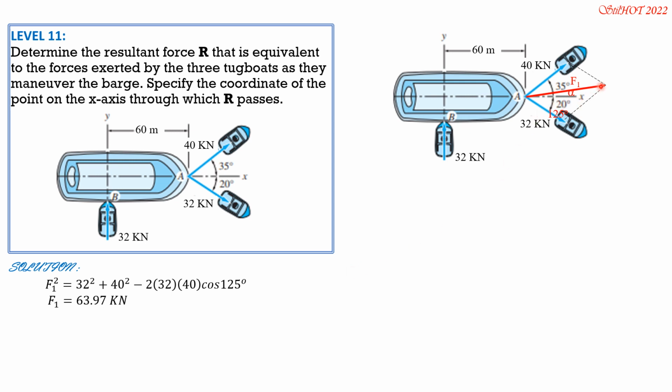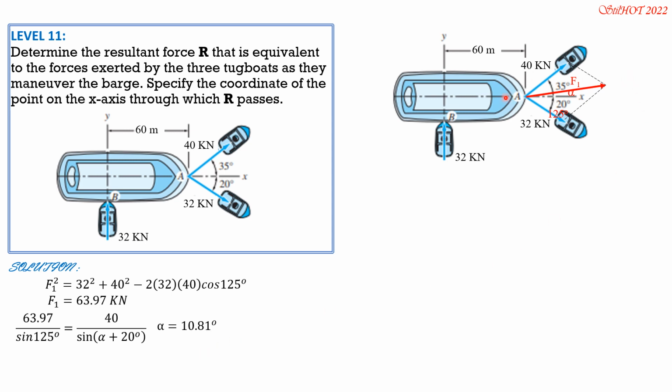Then, by sine law, F1, 63.97, over sine 125 equals this side here, 40, over sine of 20 degrees plus alpha, or alpha plus 20 degrees. Then alpha is inverse sine of 40 sine 125 over 63.97, minus 20. So alpha is 10.81 degrees.